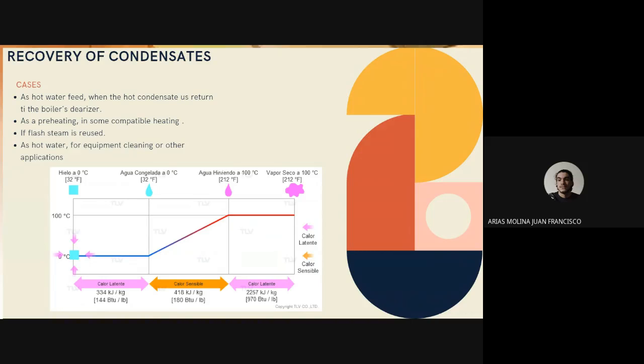Not wasting, but instead recovering and reusing as much sensible heat as possible is one of the main reasons why condensate is recovered.